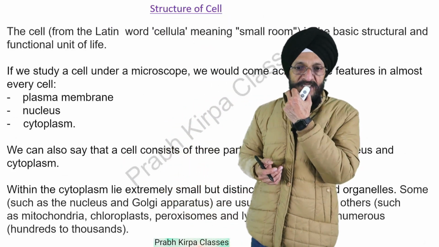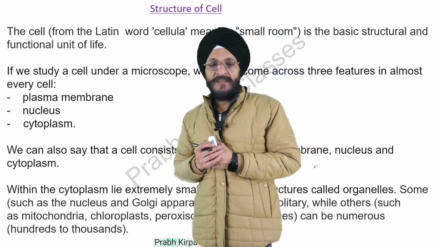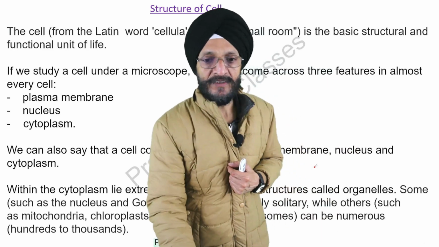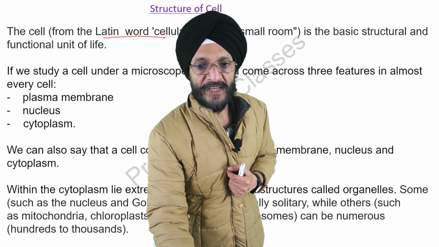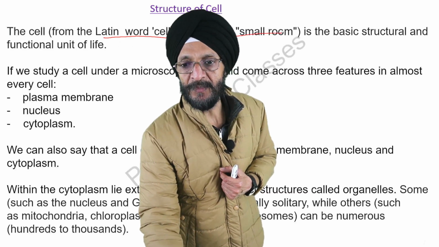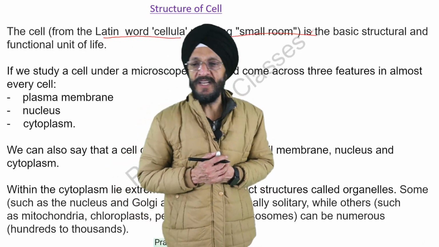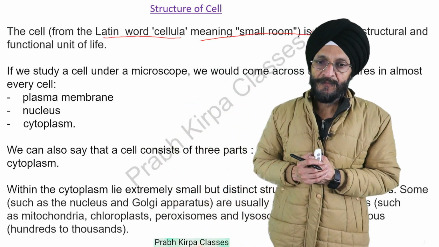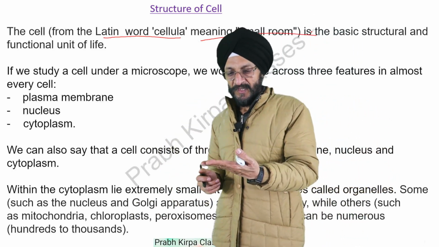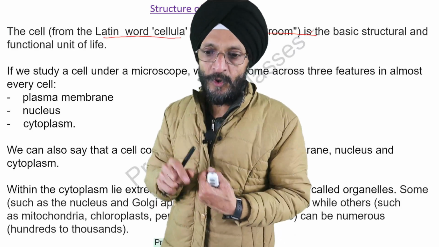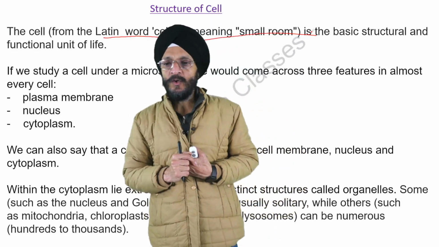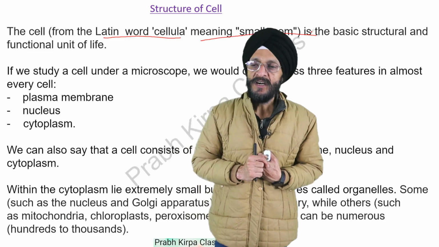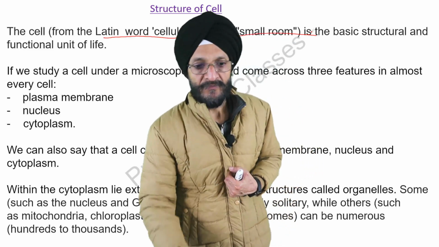Now, what is the structure of the cell? The word cell has been taken from the Latin word cellula, which means small room. Cell is the basic structural and functional unit of life. If we study a cell under a microscope, we would come across three features almost in every cell.